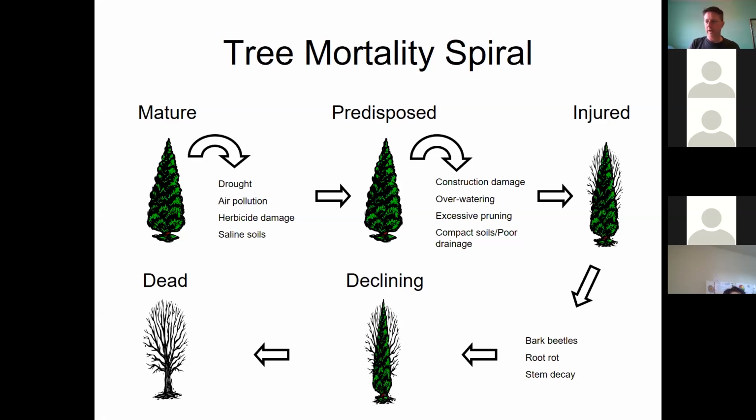So we have a mature plant that is growing well and is healthy, but then it's subjected to drought or air pollution or herbicide damage or saline soils, or maybe all of these things in a landscape. So that then puts it in a position where it's predisposed to injury or some sort of problems. And then we might push it further by construction damage or irrigation management problems or compacted soils. All of these are realistic for a landscape situation.